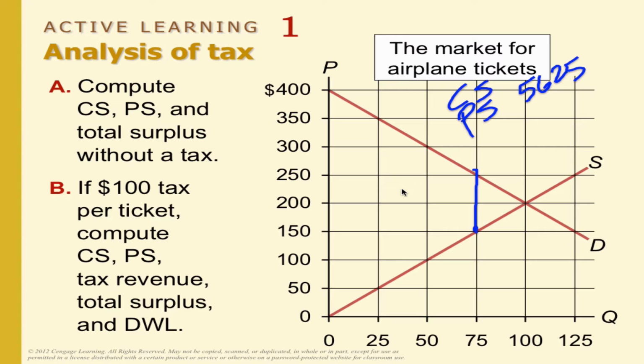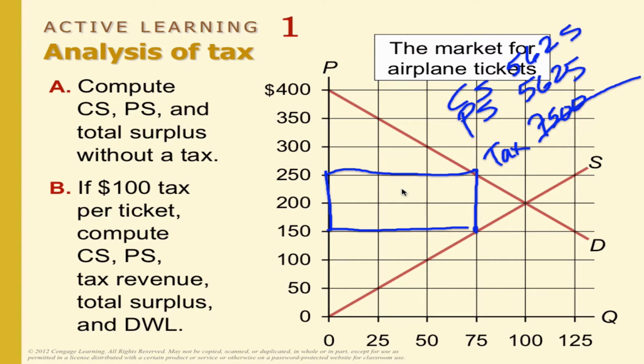Here is our tax, which is 7,500. Total surplus is 18,750. And without the tax, we don't even have to do that math.